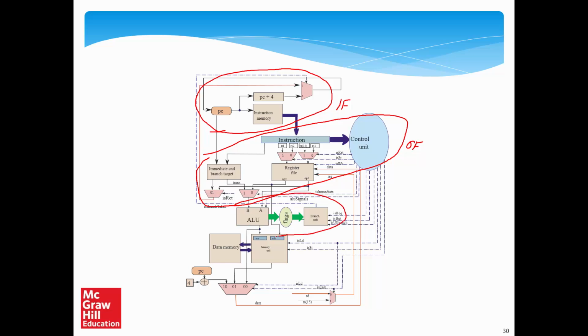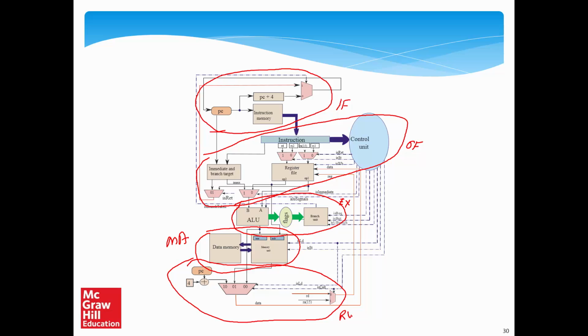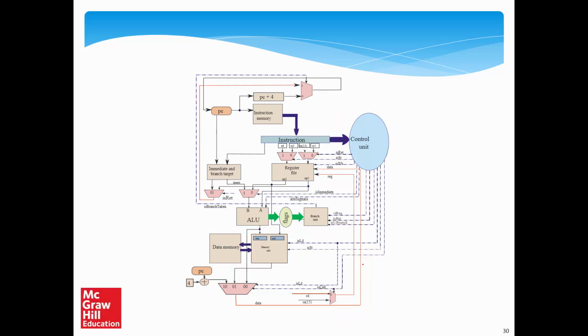Then this part is the EX stage. And this part is the memory access stage, the MA stage. And finally this part over here, which sends all of its data back to the register file, is the RW stage. We have discussed all of this, but this is just showing you the entire process. Let me remove all my annotations and go back to this beautiful design.